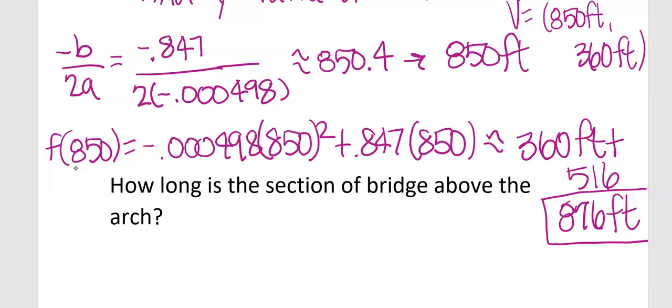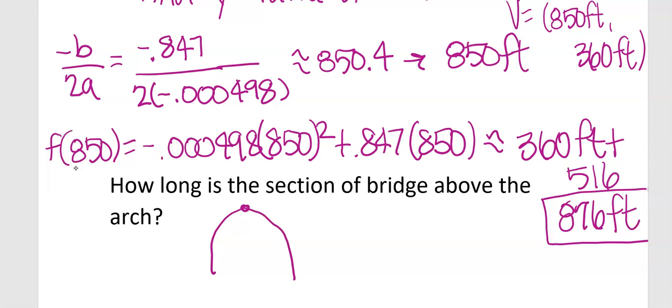So now, how long is the bridge from this side to this side? Well, if you look at where the vertex is, isn't it in the middle? So the middle, like the axis of symmetry, would kind of cut it in half. So if it's 850, the x part from 0 to the middle of the bridge, wouldn't it be another 850 on the other side? It has to be symmetric. So on the second one, I'm going to draw a little picture here.